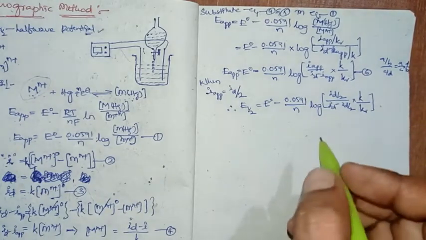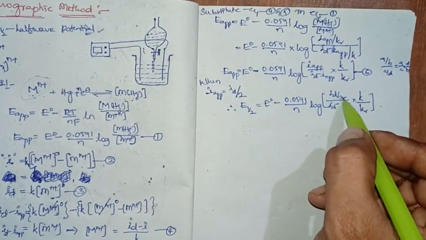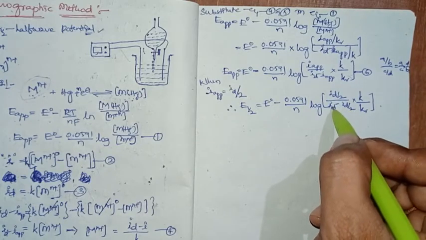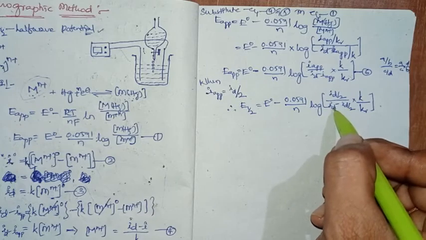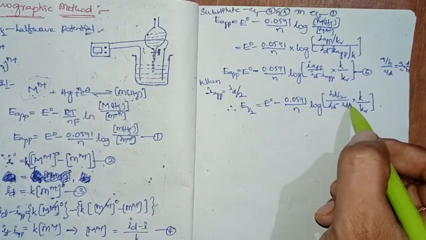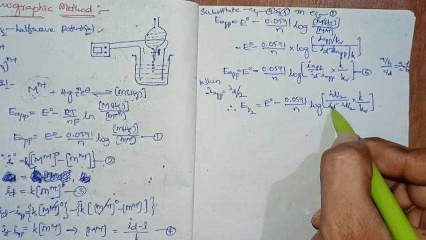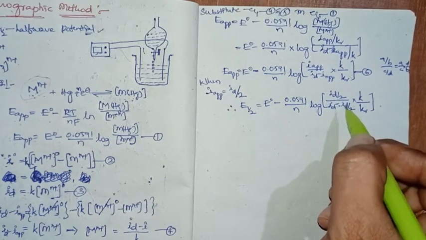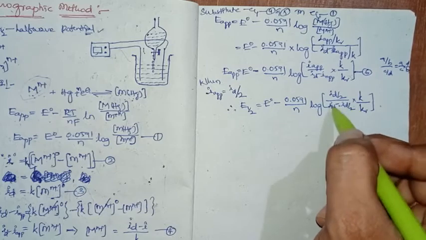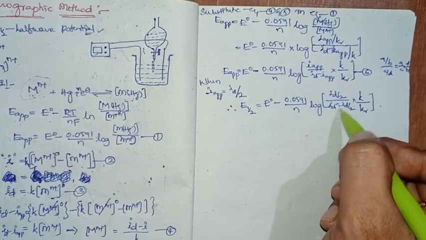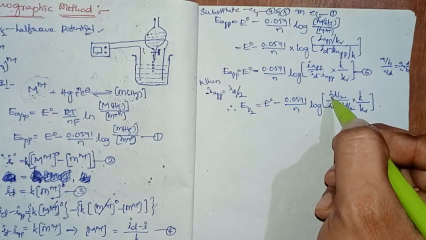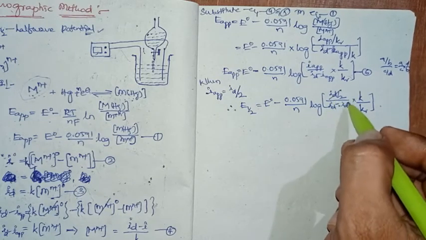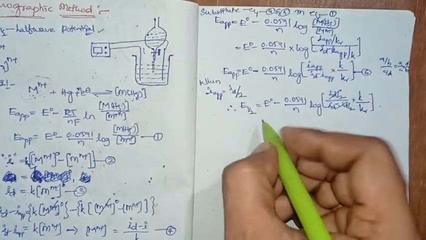In the denominator, Id minus Id by 2 means from 1 we are subtracting half, so it becomes Id by 2. So the denominator Id by 2 and the numerator Id by 2 will cancel.